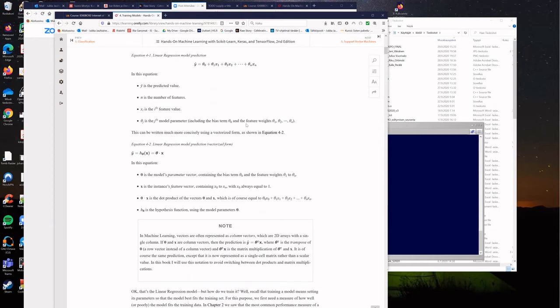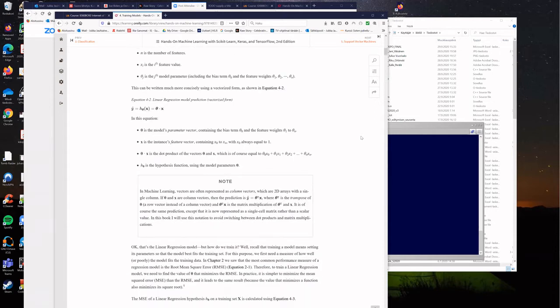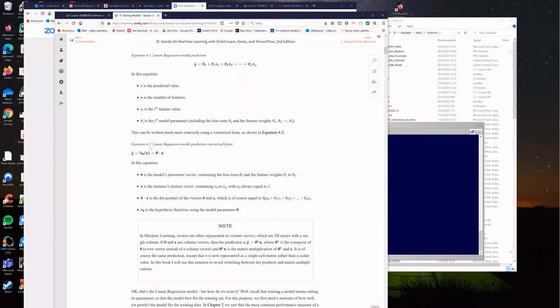These are the feature weights, constant values that are multiplied with the x's. In vectorized form, it's much simpler to write this like here. Now we have two vectors which get multiplied by the dot product operation.